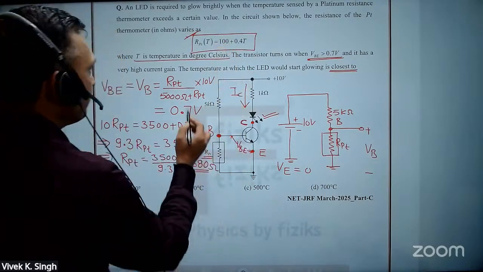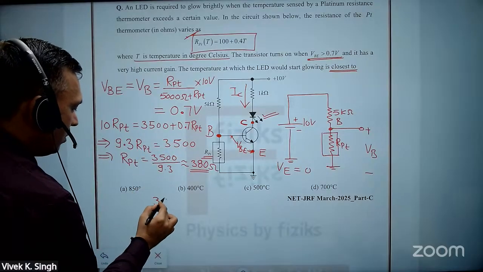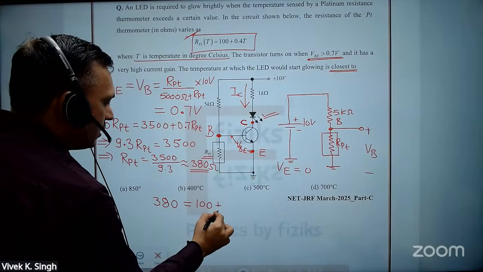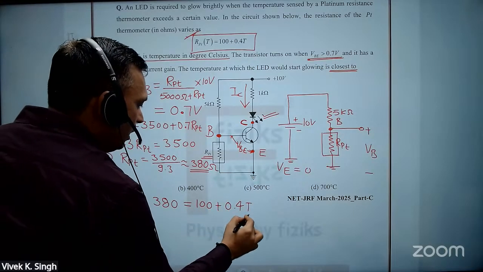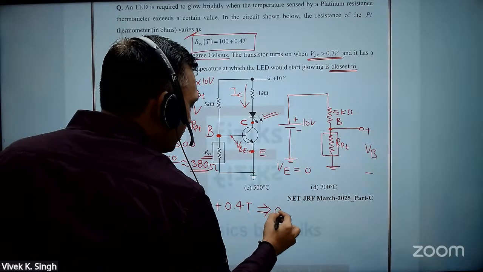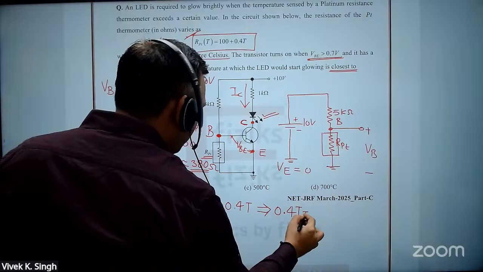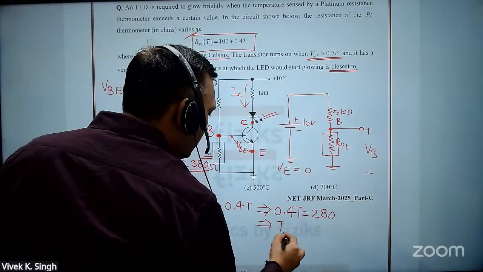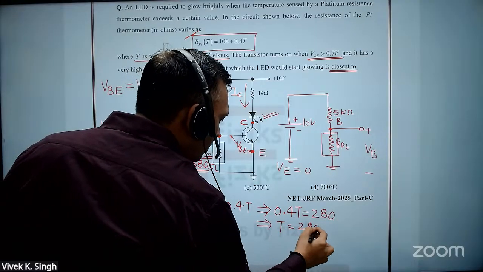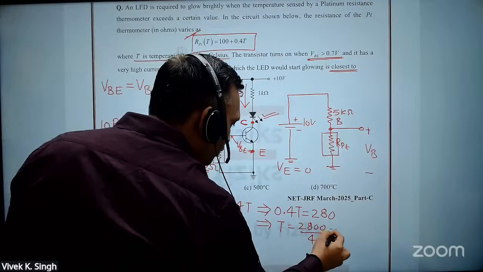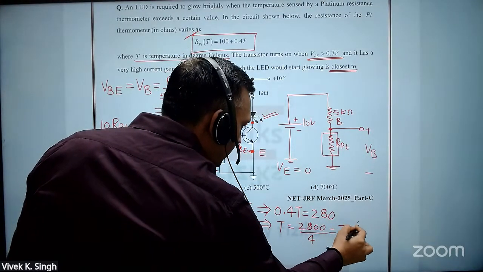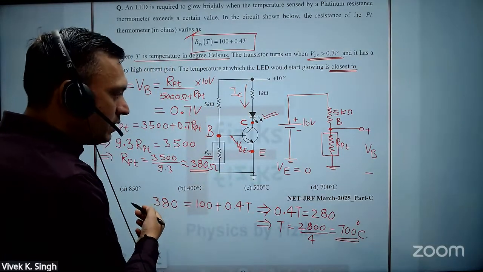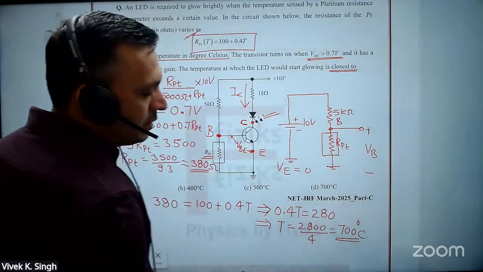From here, you should write 380 ohms equals 100 plus 0.4 T, where T is in degrees Celsius. So this is 280, and then T will be 2800 by 4. So T you will get is 700 degrees centigrade. So the approximate value is 700, and if you see the options, the approximate value is 700.